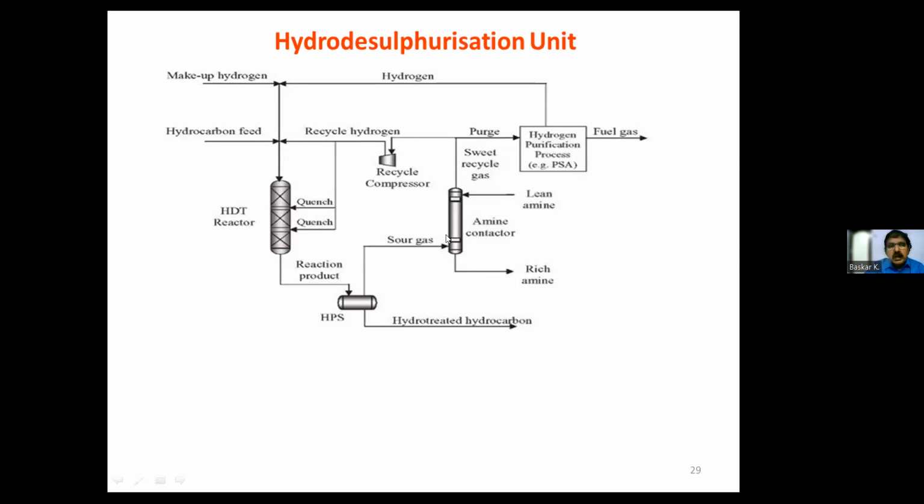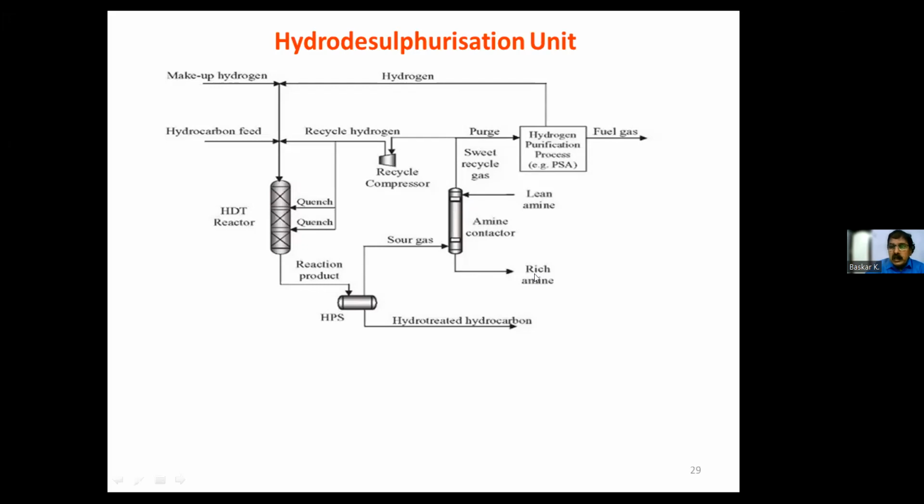Sour gas is taken here, and we have an amine treating system where H2S is removed from the hydrogen, and the sweet recycle gas, as it is called, is again recycled as feed along with the feed. The lean amine is fed to the amine absorber contactor, where H2S is removed, and rich amine is formed.